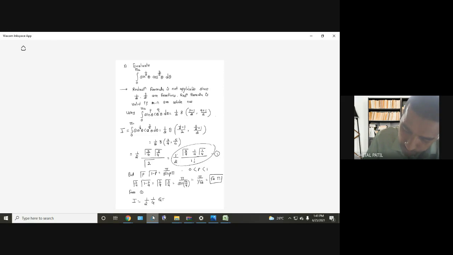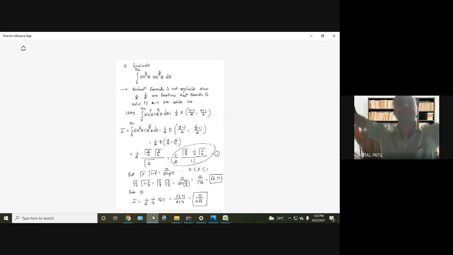Root 2 pi. Root 2 cancelled. Hope you might have understood. Hope everyone is getting all these things very well.